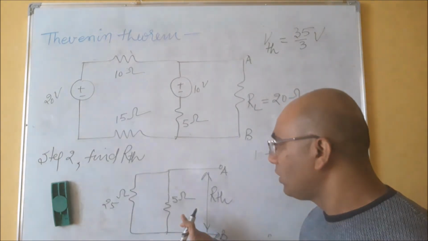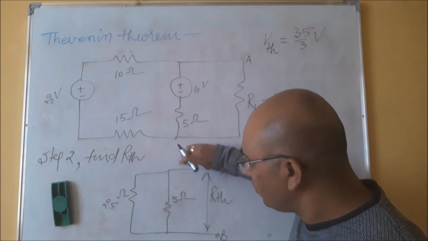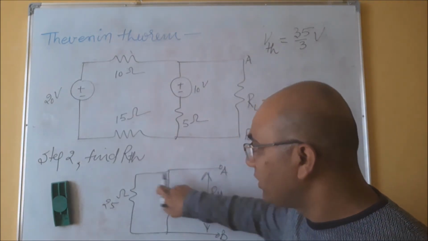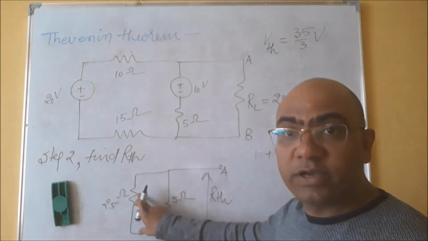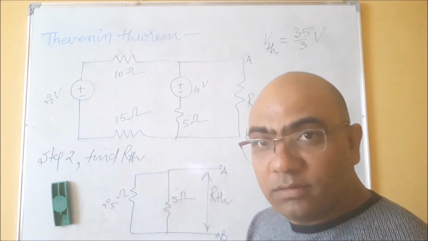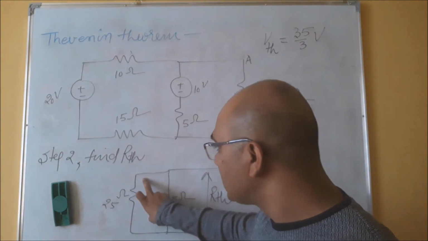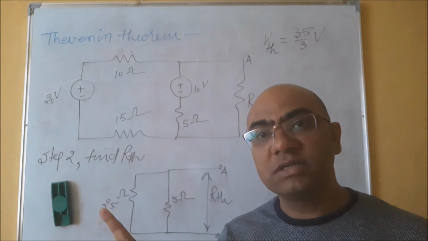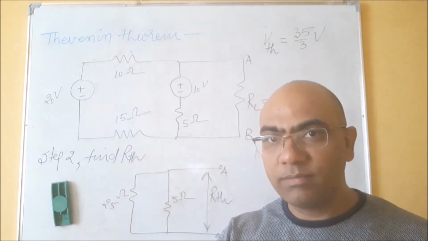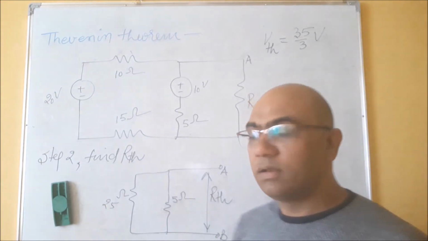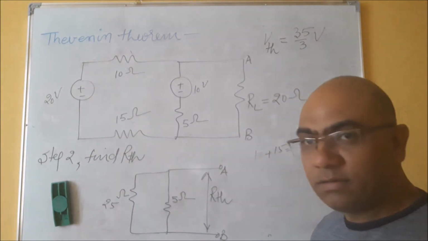Now if I assume the current I is flowing like this, this current will distribute among these two resistances, 25 and 5. The current is distributing while the voltage across this and across this is the same. If current is distributing and voltage is the same, this means these two resistances are in parallel. So 25 and 5 are in parallel.